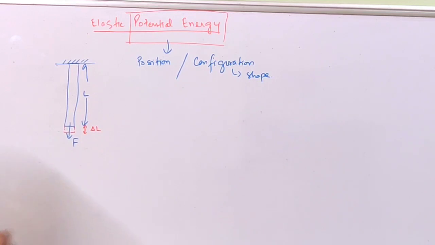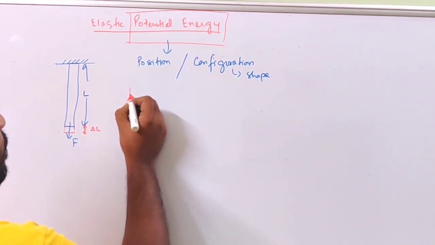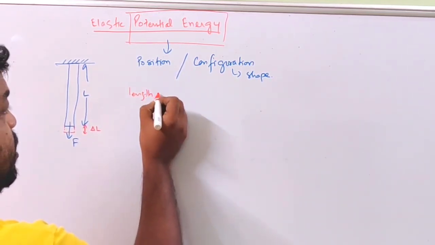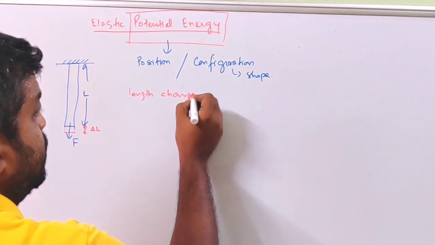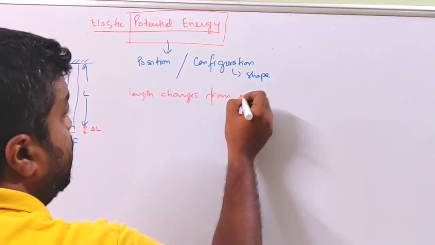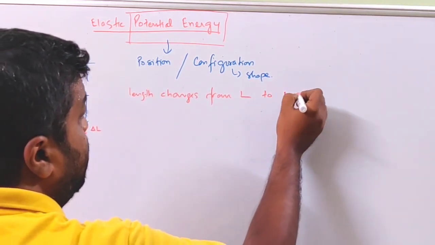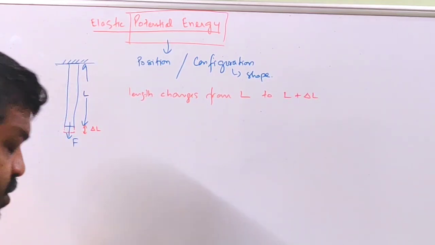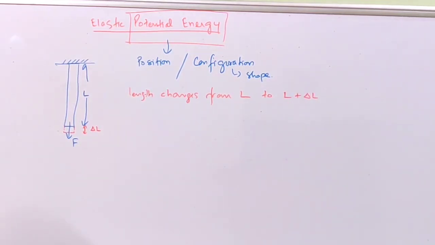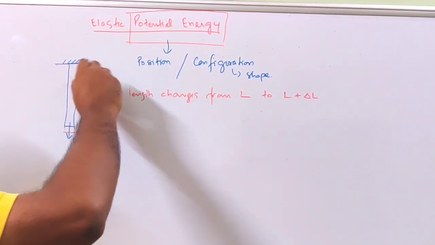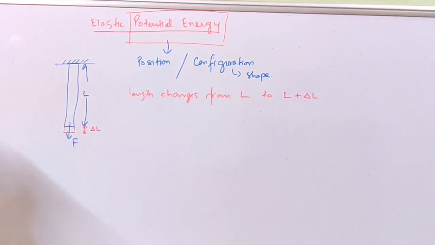So the length changes from L to L plus delta L. Obviously there is a change in shape. To change the shape of this object you apply some force, which means you are spending some energy.